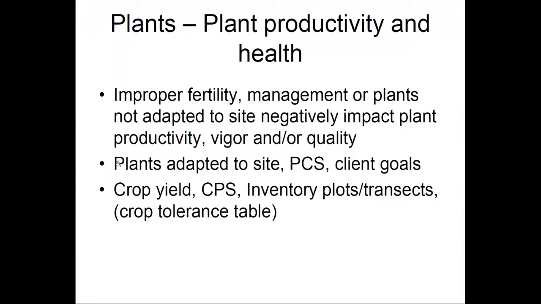And what you want to see are that plants are adapted to the site, that you have a good pasture condition score, that you're meeting your client's goals for their cropping. And the way you measure that is through your crop yield, your inventory plots and transects, your crop tolerance tables. All of those are things that you use to measure this resource concern.